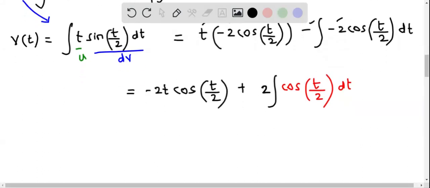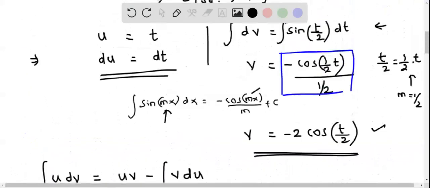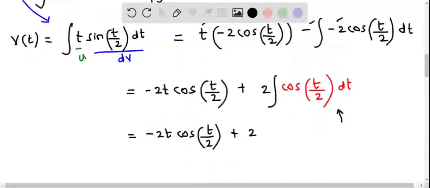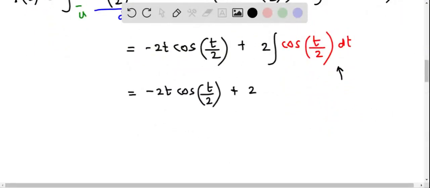Okay, so let's continue. So this is negative 2t cos of t by 2, and plus we have 2 times the integral of cos of t by 2. We can utilize a formula similar to the one which we have already written.